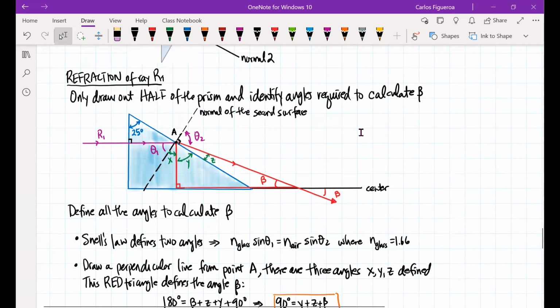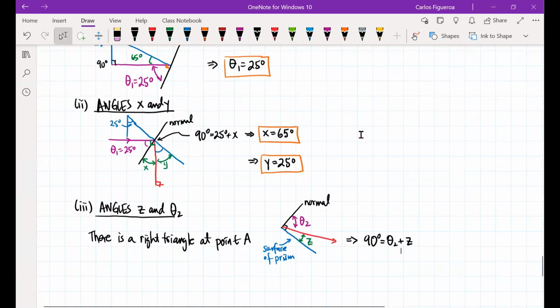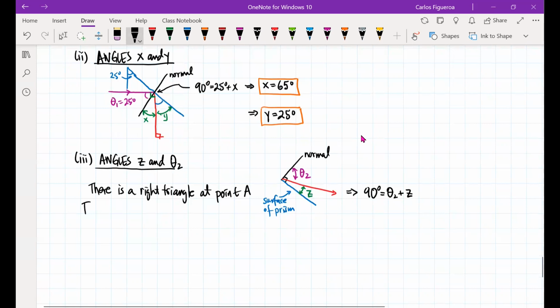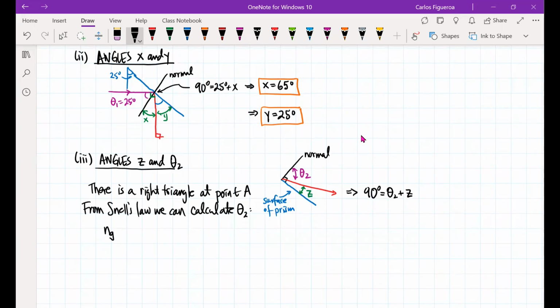So here we go. Now from Snell's law, we can calculate theta 2. So I have n of glass times sine of theta 1 equals n of air times sine of theta 2.